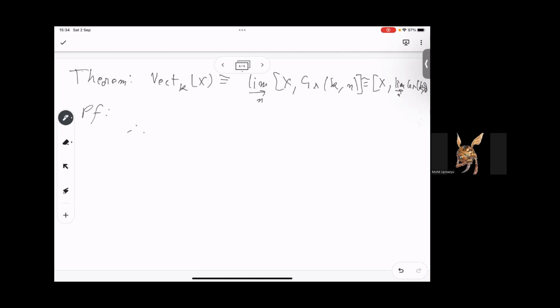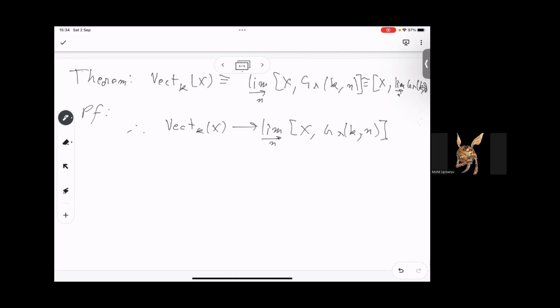So therefore, we have a map Vect_k(X) to the direct limit of [X, Gr(k, n)], right?